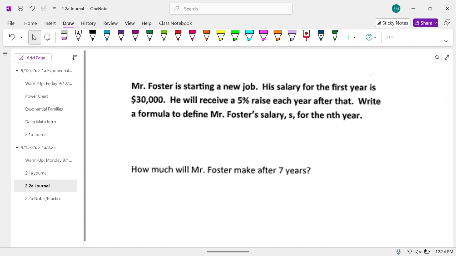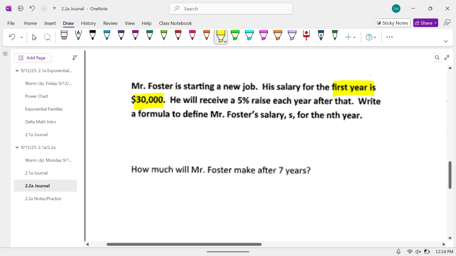So, what's some important information that I need? His salary after the first year is $30,000. So first year, $30,000.